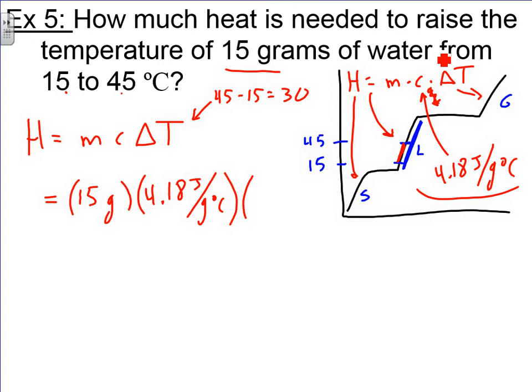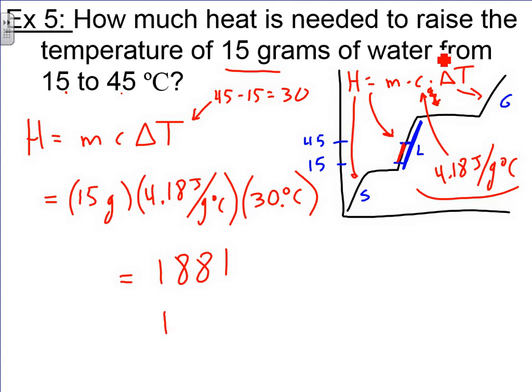We'll say this is exactly 30. What you'll have to do is multiply the numbers, so let's grab our calculators and multiply 15 by 4.18 by 30 to give us 1,881. So we got two sig figs as before. Let's get this down to 1900.